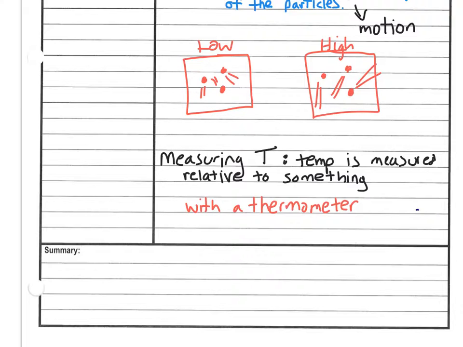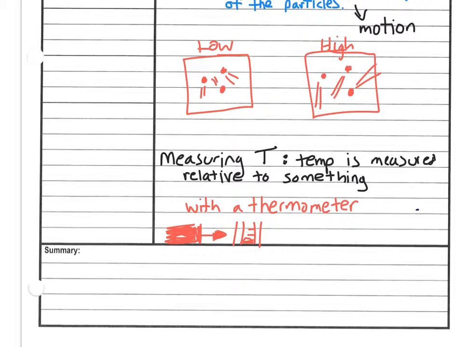Maybe this is your sample that you're measuring the temperature of, and then you've got your thermometer, which has some liquid inside that we measure how high up it is in order to get the temperature. So your energy is transferred from the substance to the thermometer. The thermometer changes to have the same temperature, and then you read that temperature from the thermometer.